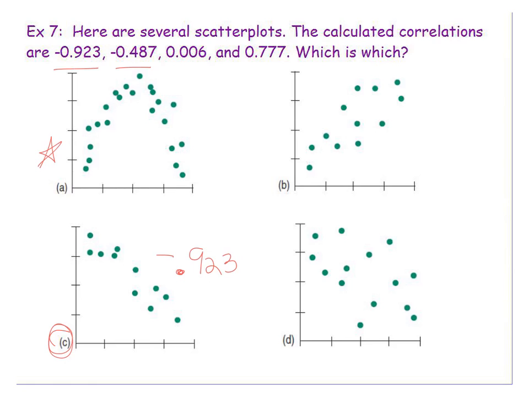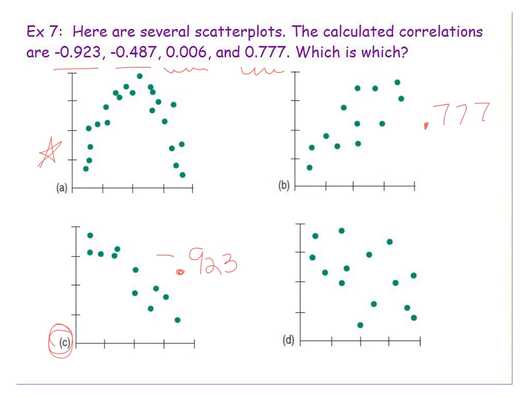Let's look at B. B is a little more spread out, not much, but it's a little more. Is it positive or is it negative? Well, it's positive, so that would leave us with the 0.006 and the 0.777. Well, it's still pretty good, so obviously it's got to be closer to 1, so this is your 0.777.